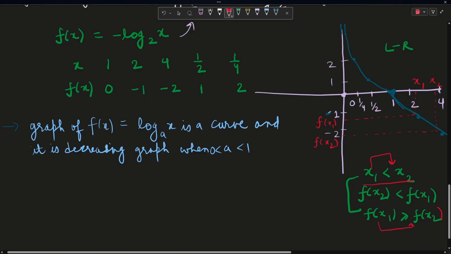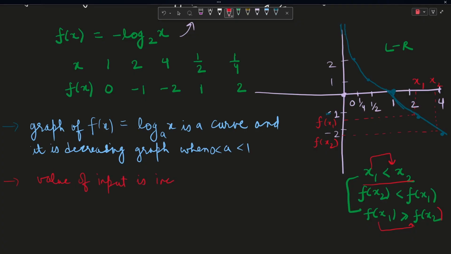And as the input is increasing but the value of output is decreasing, we can say that the function is a decreasing function.